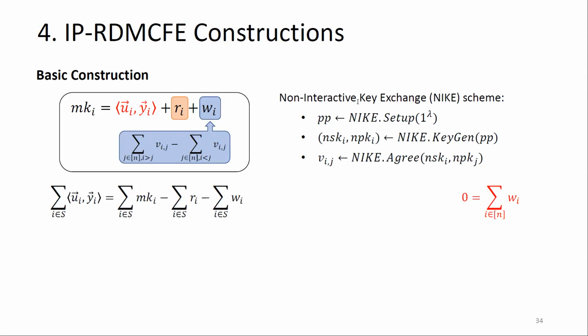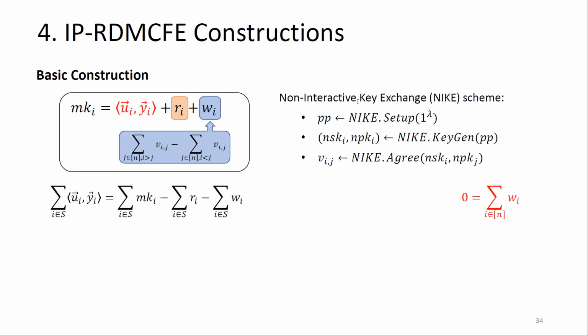So in the basic construction, we use the masks Ri and Wi to mask the inner product of UI and YI, where the mask Ri is randomly selected by the owner I. So the sum over I belonging to S of the inner products of UI and YI is equal to the sum of MKI minus the sum of Ri and minus the sum of Wi, where the mask Wi is computed by VIG, which is generated by our non-interactive key exchange scheme, NIKE in short.